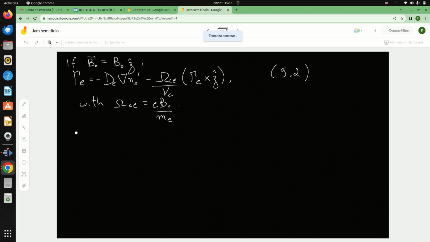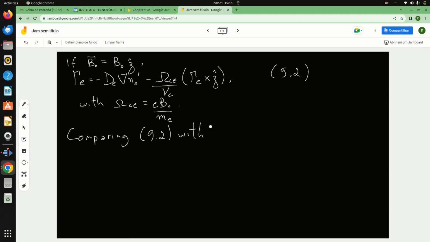So comparing 9.2 with 4.15, J with gamma E. Gamma is actually a vector. I'm not putting the arrow on its top, but it's a vector. Okay, gamma E in place of J and dE in place of sigma.